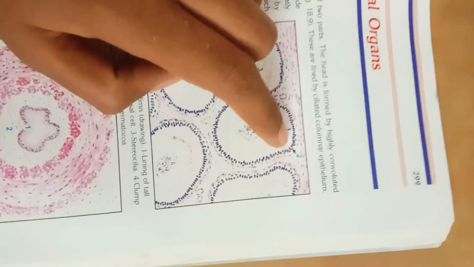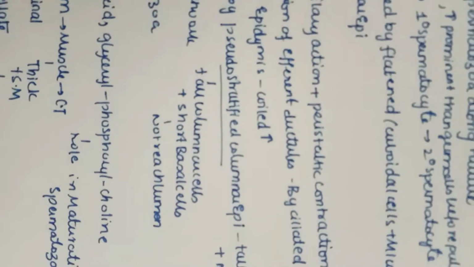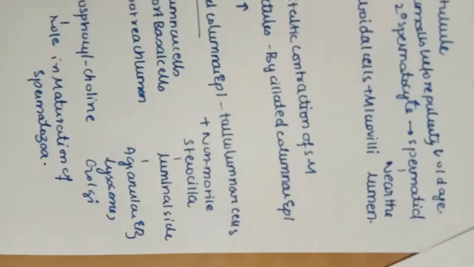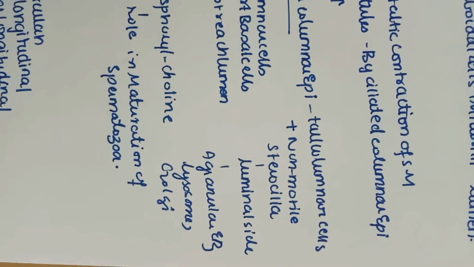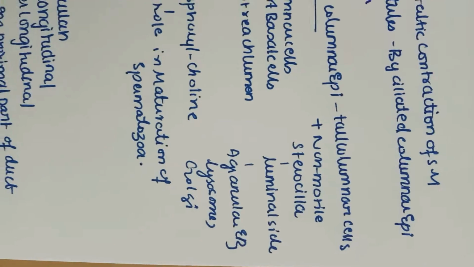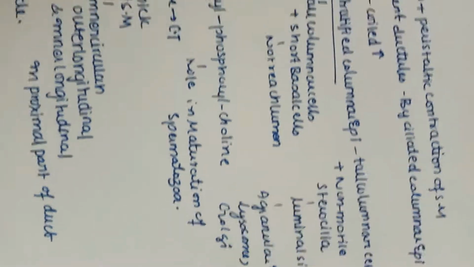If you remember, I showed the basal cells here. So columnar cells are tall and basal cells are short. These are pseudostratified columnar epithelium, and the basal cells do not reach the lumen. Non-motile stereocilia are present on the luminal side, and they also have agranular endoplasmic reticulum, lysosomes, Golgi, all present.